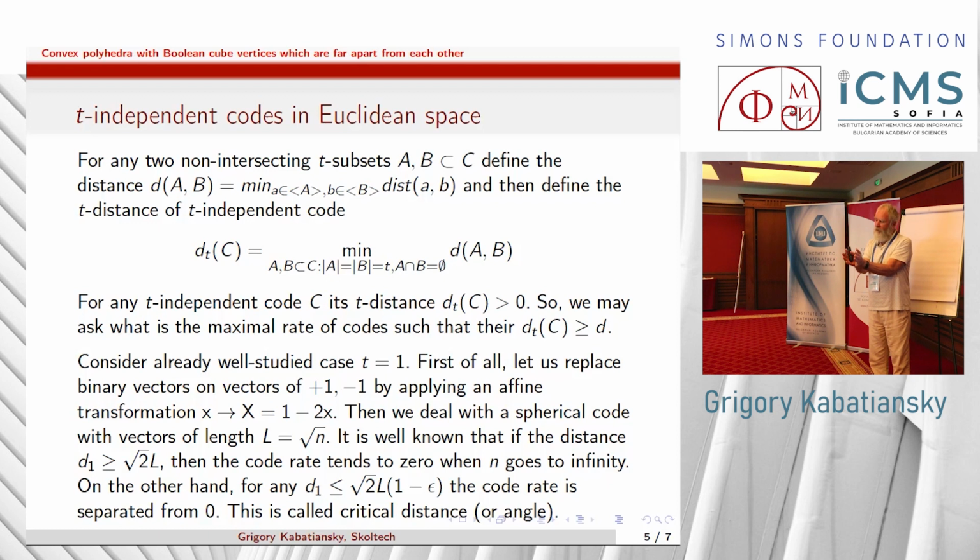If we take slightly smaller, then the number of points is exponential, so the rate is separated from 0. So, just to think what we want to know about this new problem, if there is any such behavior, if there is any such critical distance, let me go to the list of open questions.